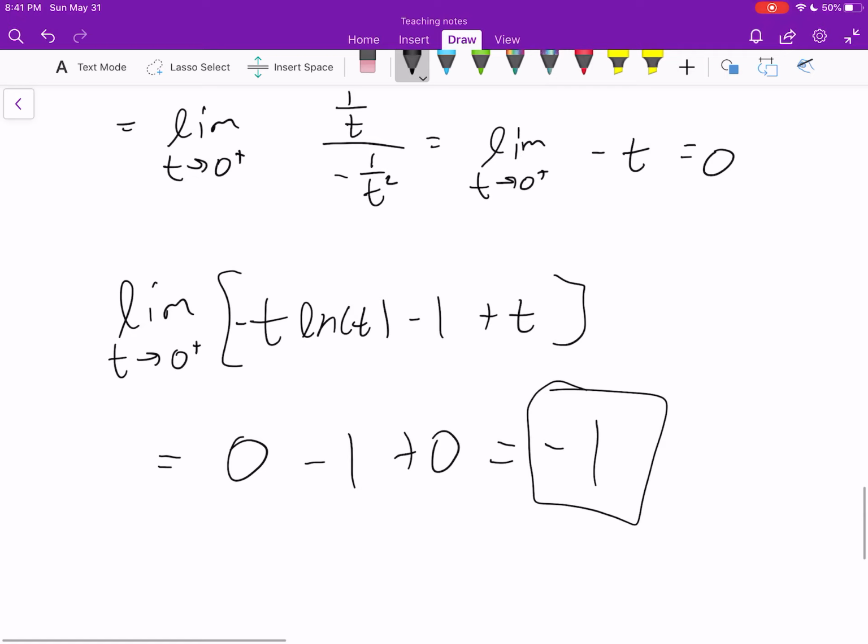I think it was -1 on the other example we did like this. But yes, that's what we've been doing, it's pretty repetitious. We have to bring back our ideas of limits. But the good news is we've learned L'Hopital's. That makes it easy to evaluate some of these harder limits.